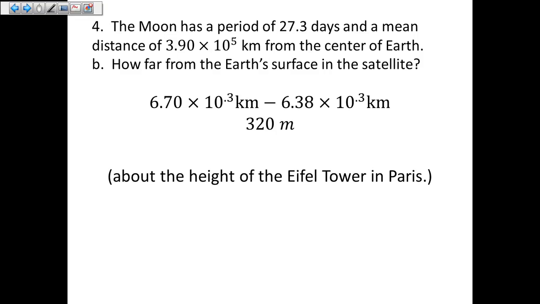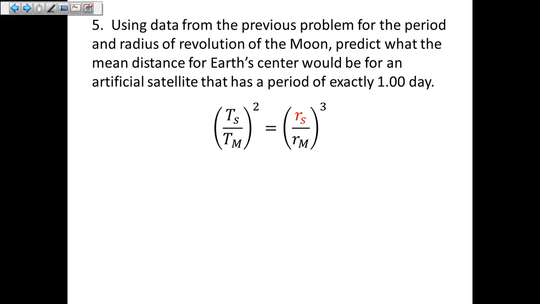Okay, so we got one more. Using data from the previous problem for the period of the revolution of the Moon, predict what the mean distance from the Earth's center would be for an artificial satellite that has a period of exactly 1 day. So again, we're going to use some info on the Moon, because it orbits the Earth, to predict the orbital radius for an artificial satellite that has to orbit the Earth in exactly 1 day.